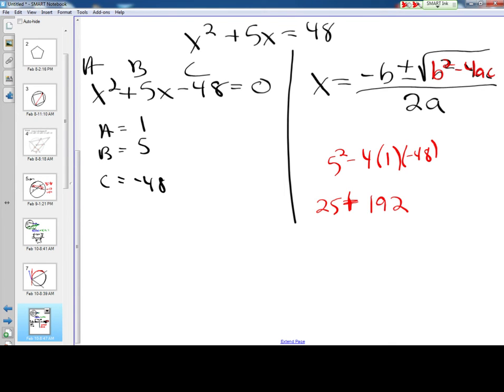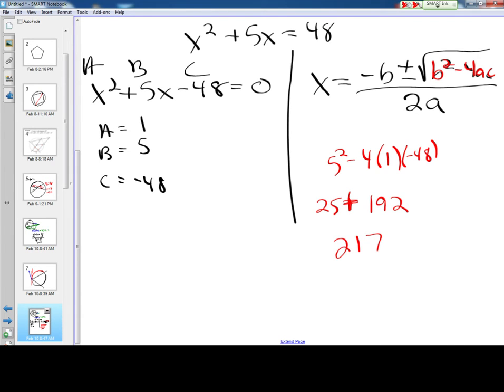Is that correct? Yeah. So 25 plus 192 is 217.